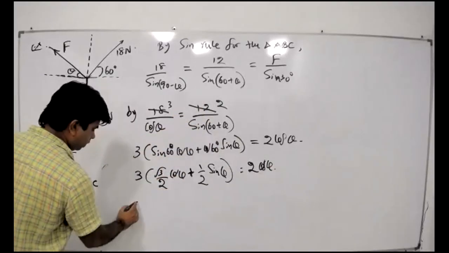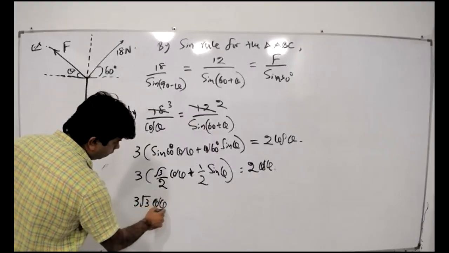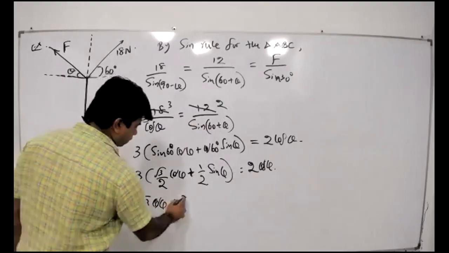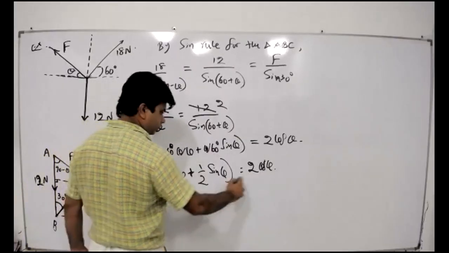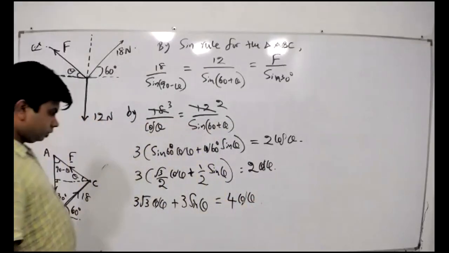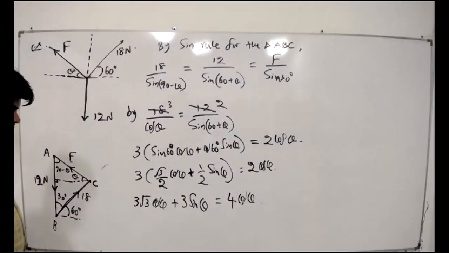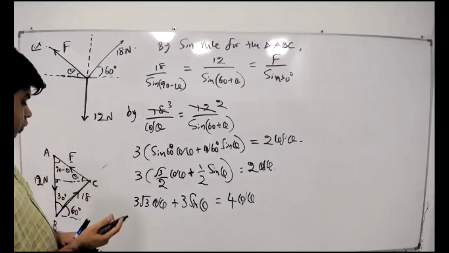Multiply on this side. 3√3 cos theta plus 3 sine theta equals 4 cos theta, right? Then what is the larger value of 4 and 3√3?